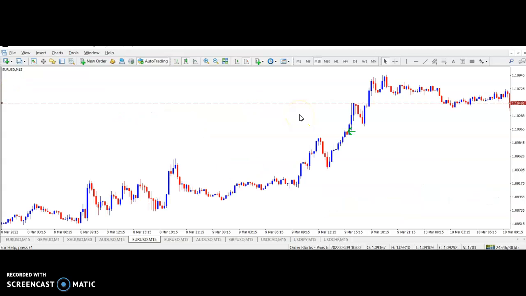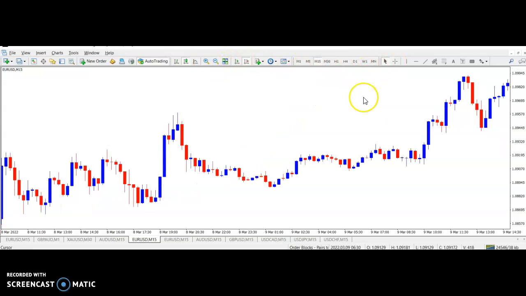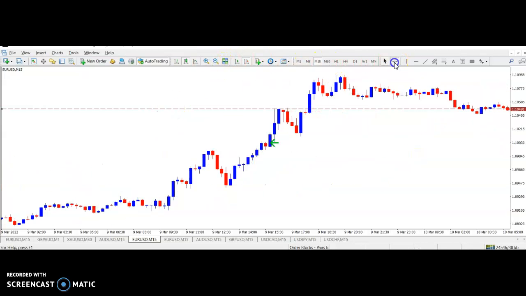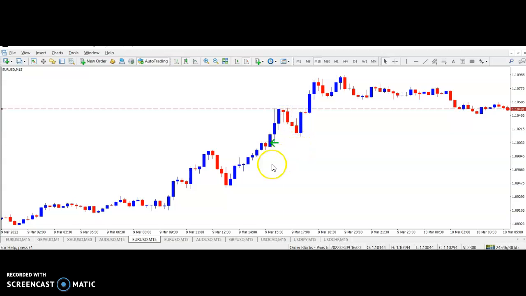If we went for that one, it wouldn't have been 80 pips. It would have been from there to there, for about 45 pips on 12 pips risk. So that's what, 3.84 to 1, something like that. Okay, so that's how these work.